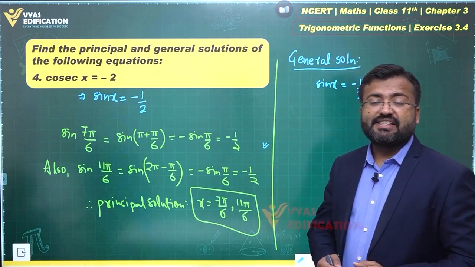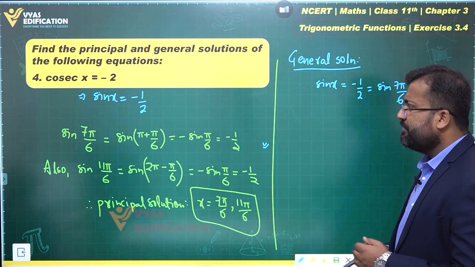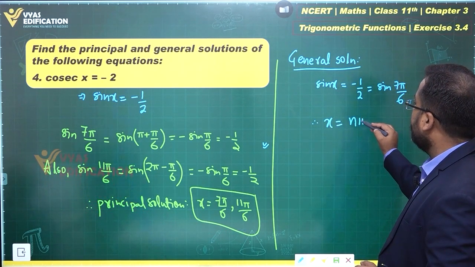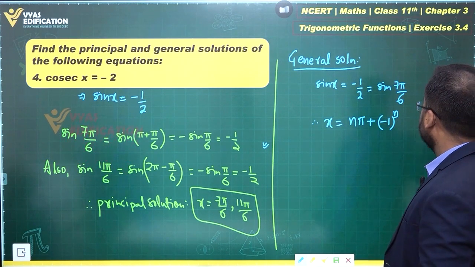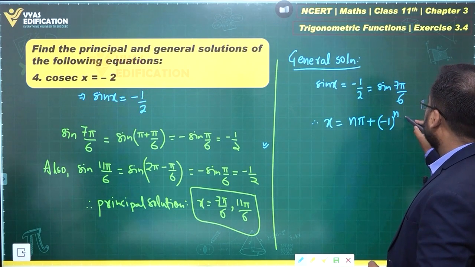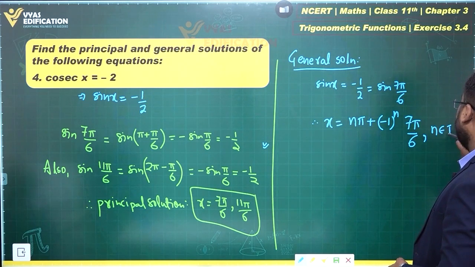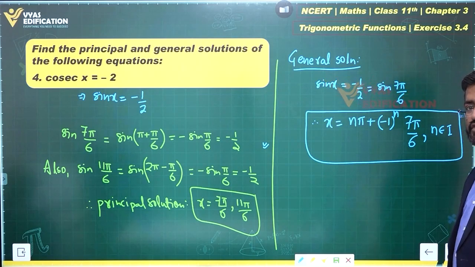What will be the value of x? x will be n pi plus minus 1 power n times theta, where n belongs to integer. So therefore, x equals n pi plus minus 1 power n times 7 pi by 6, where n belongs to any integer. This is what you have, right? That's the final answer for this question.